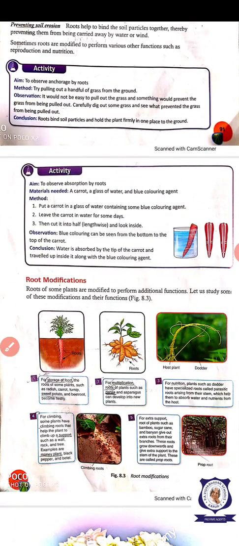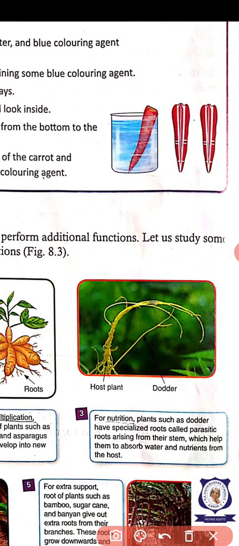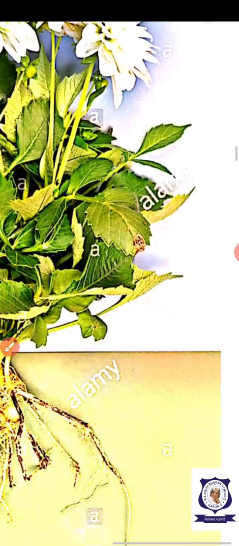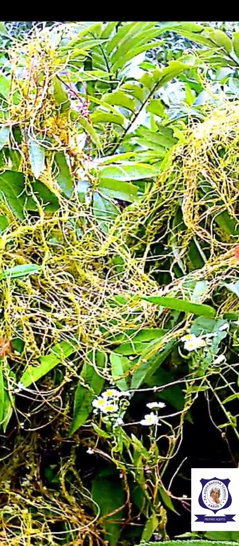Okay. And also you can see in the dodder plant, the dodder plant is a parasitic plant. It grows on host trees and big trees, because this plant does not have any chlorophyll, so it depends upon the host plant. So it sends its roots into the host plant and absorbs the nutrients from the tree. You see, this is the dodder plant.